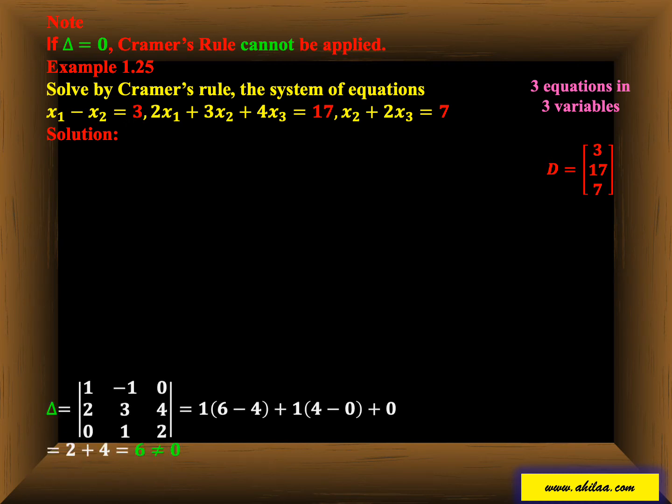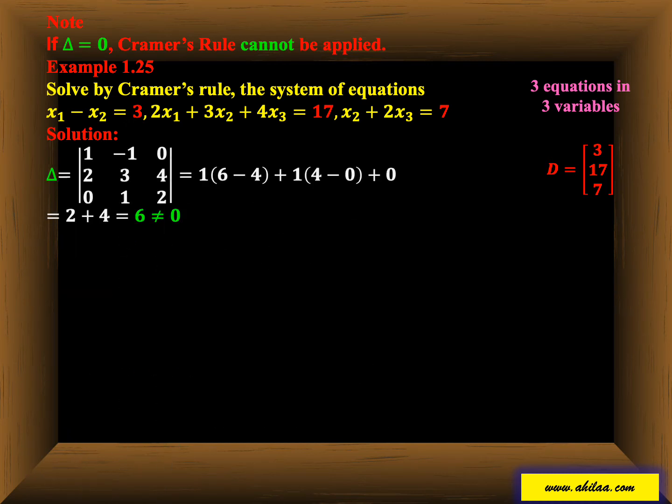Let us proceed. First we need to find delta, that is the determinant of the coefficient matrix. From the first equation, collect the coefficients in the first row. So coefficient of x1 is 1, coefficient of x2 is minus 1 and there is no x3, so we make it 0. Similarly, second row takes the values 2, 3, 4.